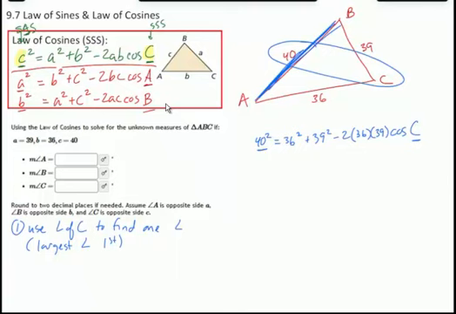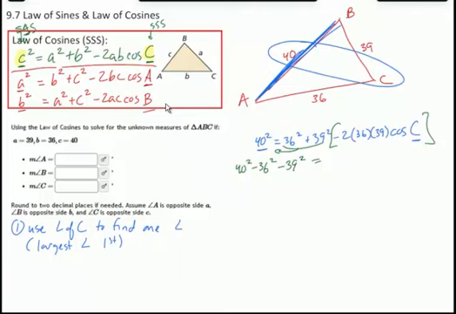And what I would recommend, and you'll see me write it down here before I even calculate it, is we're going to undo everything first. So I need to subtract these two values first. I'm going to get 40 squared, I'm going to subtract 36 squared, and I'm going to subtract 39 squared from both sides. So both of these get moved over. Now that leaves everything equal to this quantity.